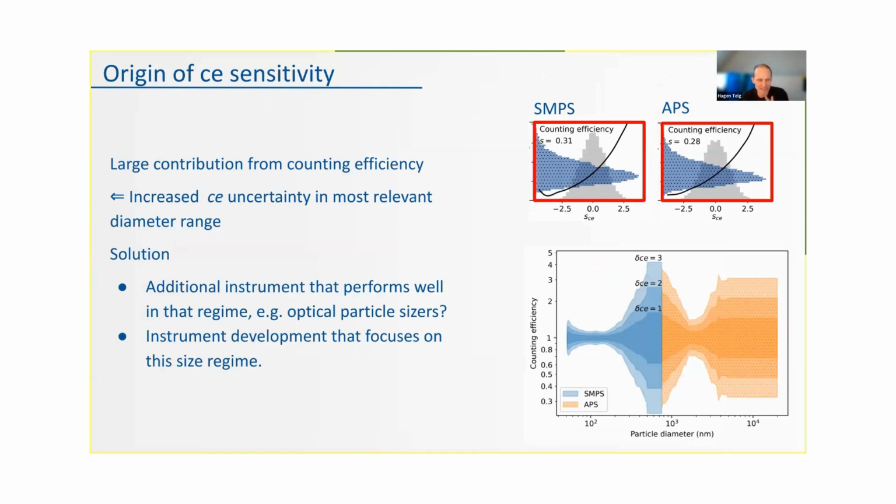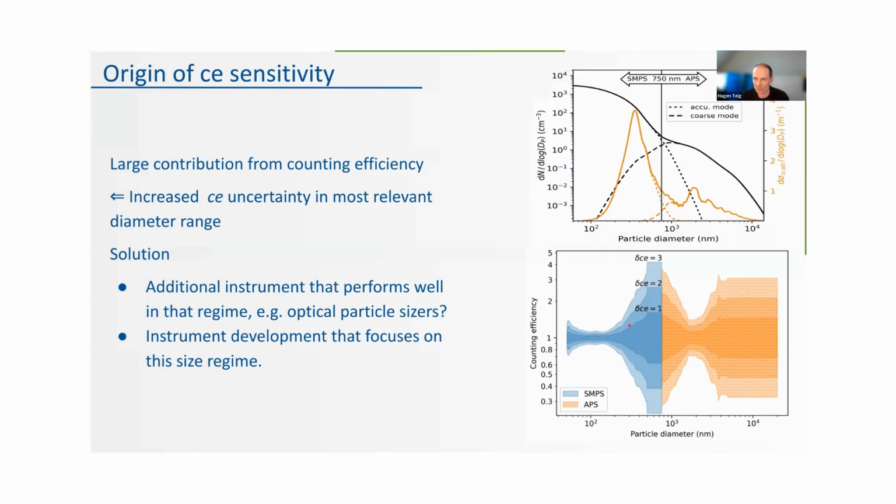So I want to just address those two uncertainties and why they are so big, or what could be done about it. And when it comes to the counting efficiency, it's a very uncertain coincidence why that is so huge, especially for the SMPS. And that is better understood if you look again at the counting efficiency as a function of diameter.